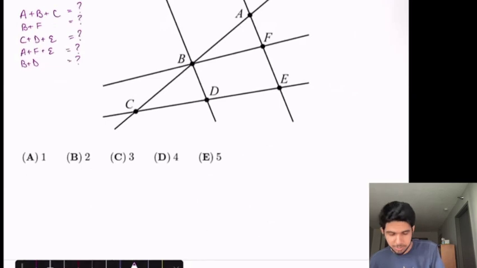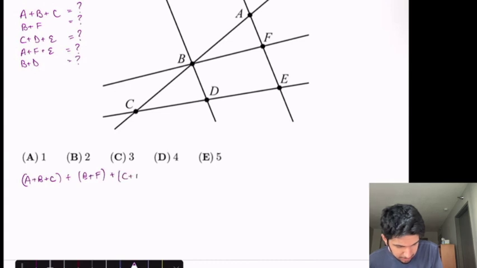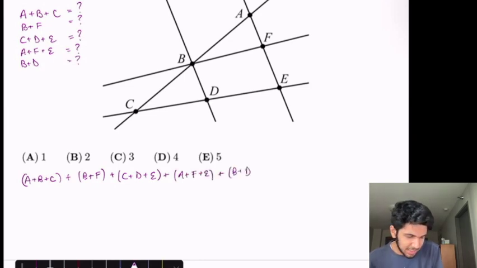So I'll scroll down a little bit. And so we'll get A plus B plus C plus B plus F plus C plus D plus E plus A plus F plus E plus B plus D is going to be equal to the sum of our question marks. But we know that that sum is equal to 47.